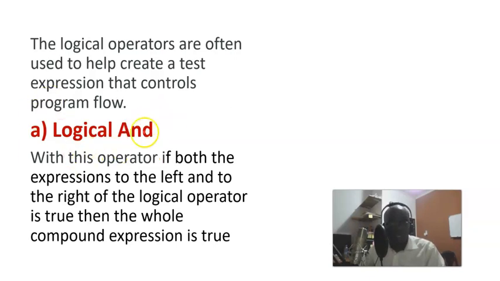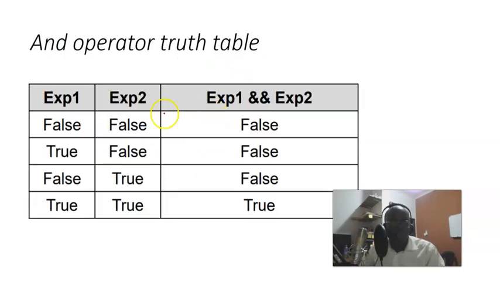Starting with the logical and, with this operator, if both the expressions to the left and to the right of the logical operator are true, then the whole compound expression is true. Let's look at the examples which have been given. If expression 1 is false and expression 2 is false, then the end result will be false.